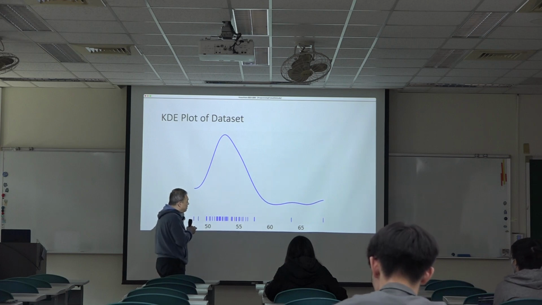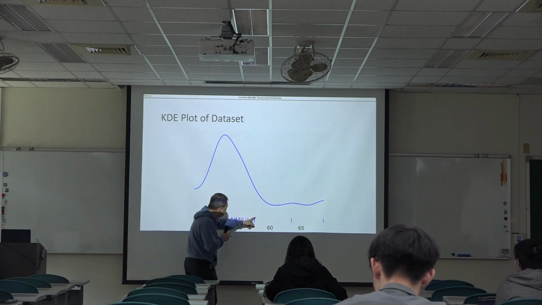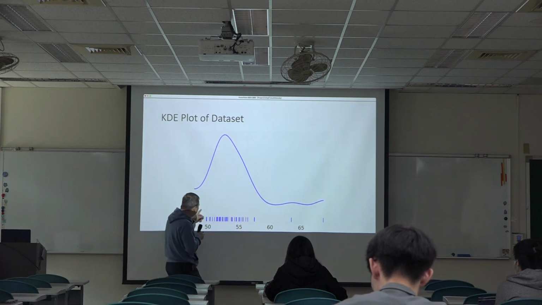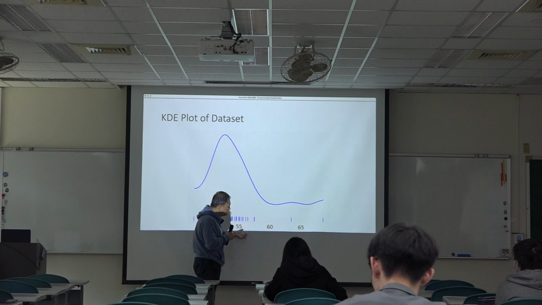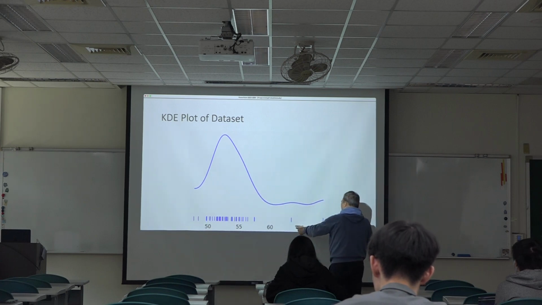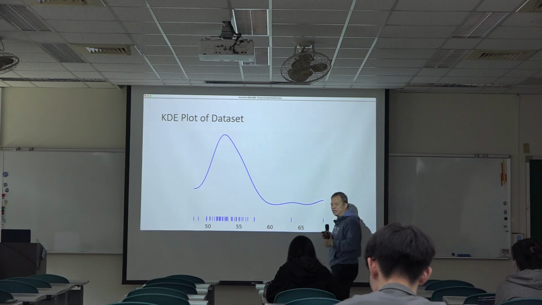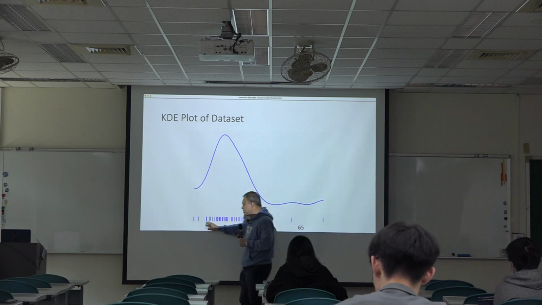Obviously you can see in this area the samples are more concentrated, right? And there are two samples that are not in that range. But you can see the majority of the samples are in this range.